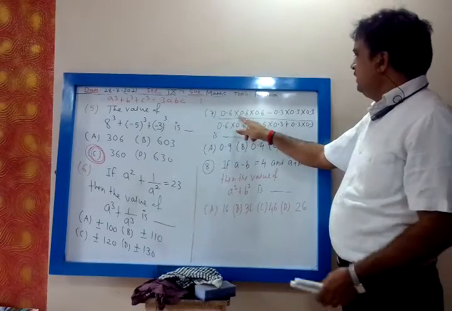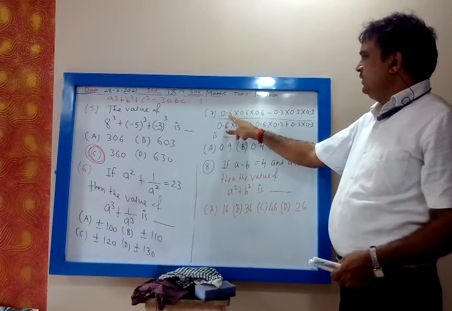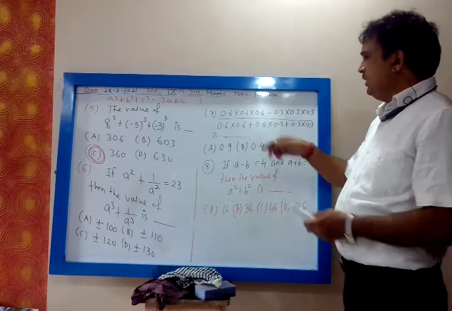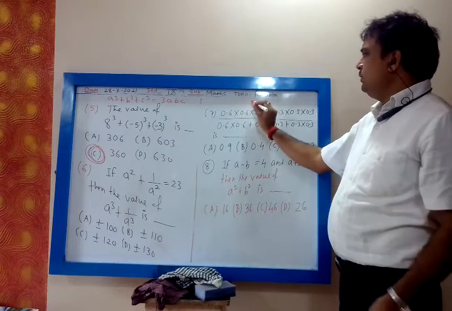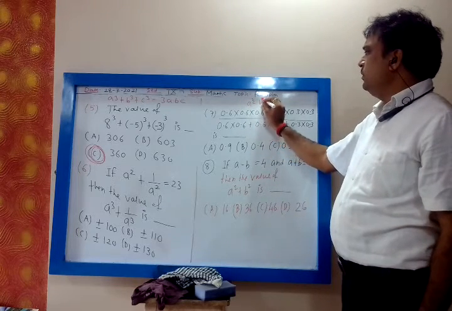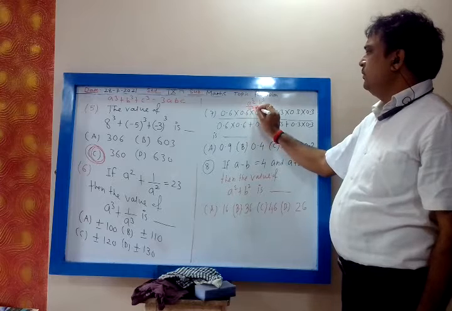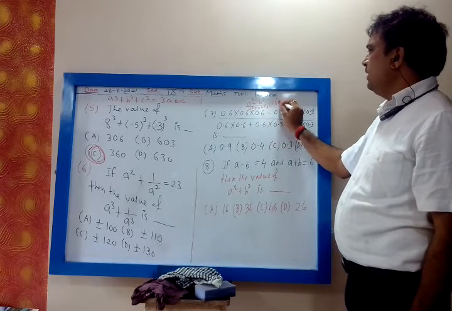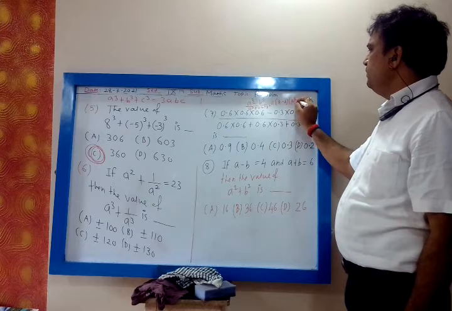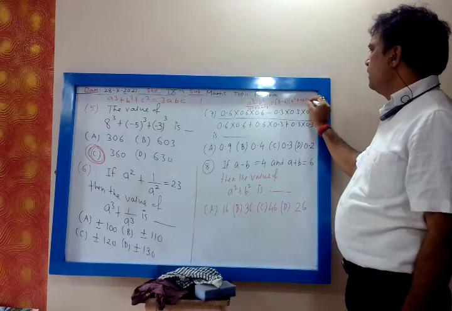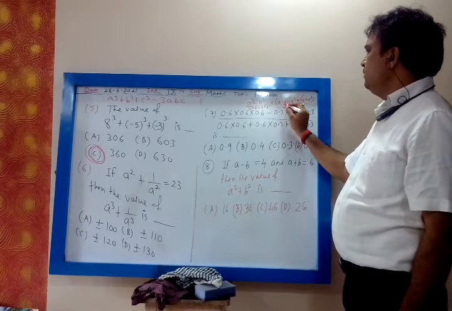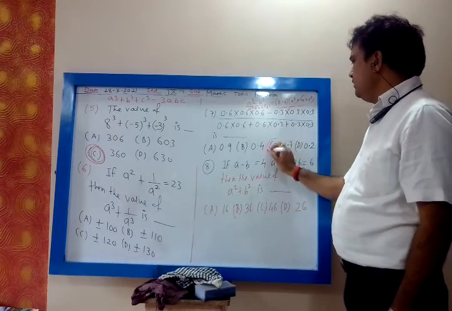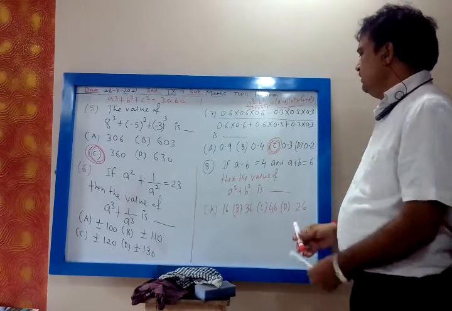First one, C. Yes, this will be A into A into A cube minus B cube upon A square plus AB plus B square. But A cube minus B cube I can write A minus B into A square plus AB plus B square. Now that get cancelled. What is A minus B? A is 0.6 minus 0.3 is 0.3. 0.3 is the correct answer.